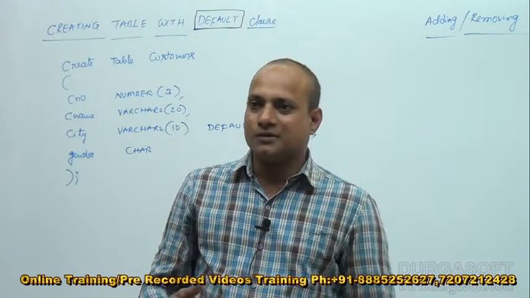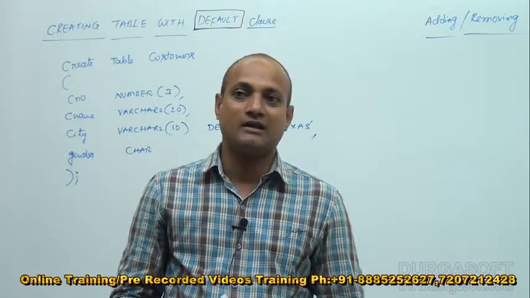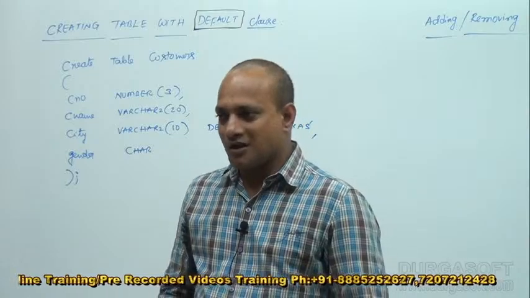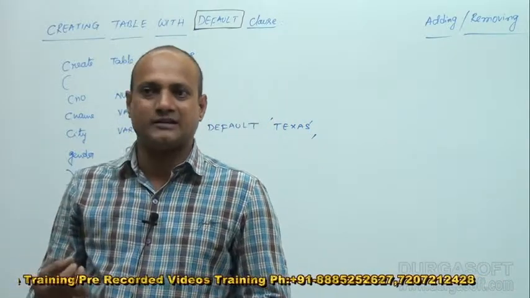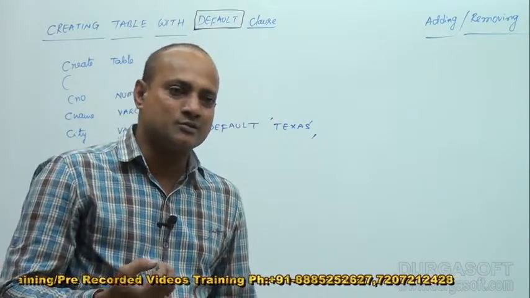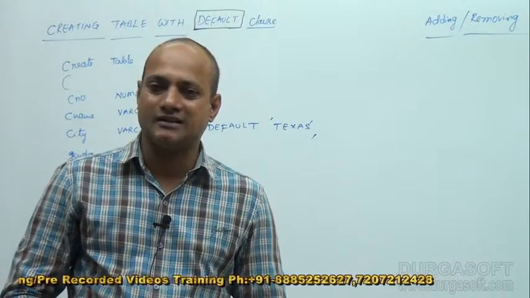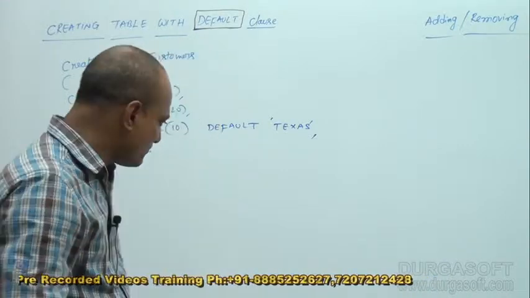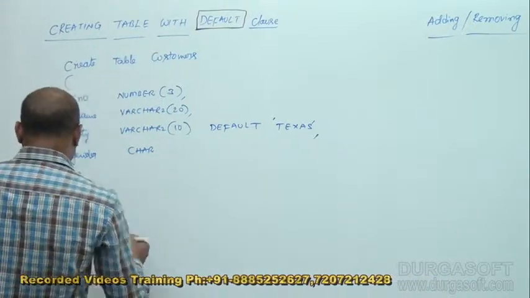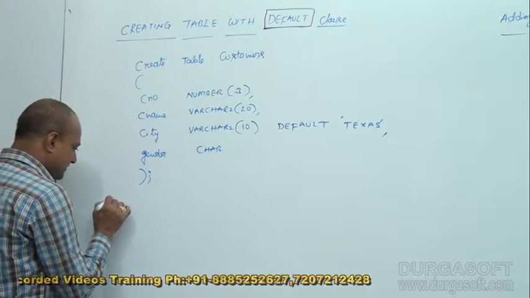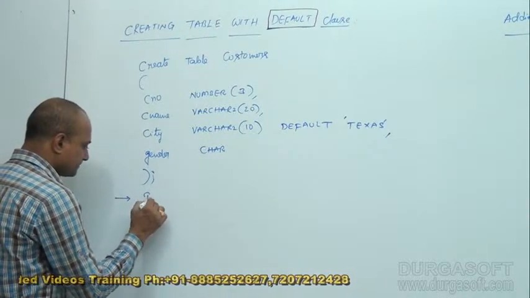Whereas, if you are inserting a null value, then the null value is inserted. If you are inserting a different city value, it will also accept that different city value. Remember. So let me insert 3 records.